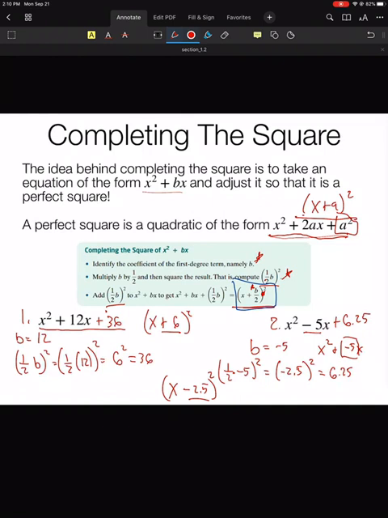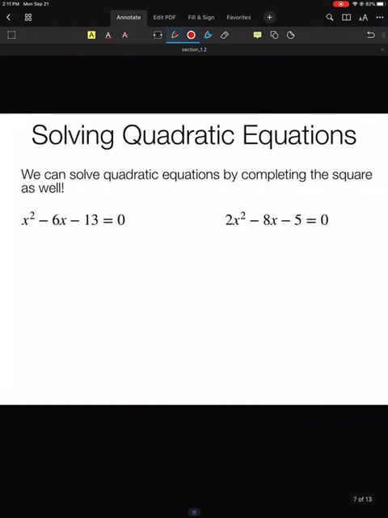Now we can use the completing the square method to help us solve quadratic equations that look something like this. It looks rather innocuous. Over here we have number 1 and number 2, and at first glance you probably think, oh yes, I can factor the quadratic on the left side and then solve this equation easily.